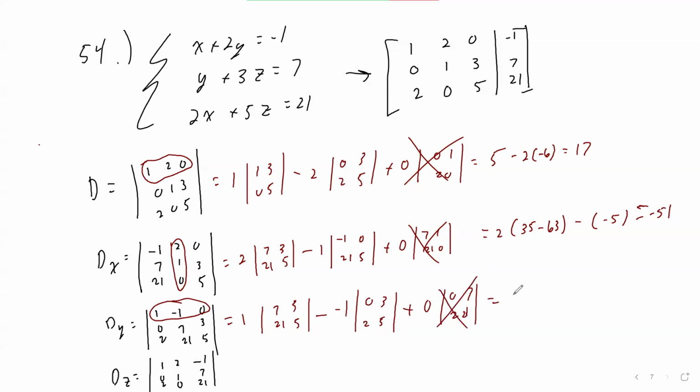So that'd give me 5 times 7, which is 35, minus 21 times 3, which is 63. Plus, because that's what two negatives are going to make, it's going to be 0 minus 6. So again, that was 35 minus 63 minus 6 gives me -34.